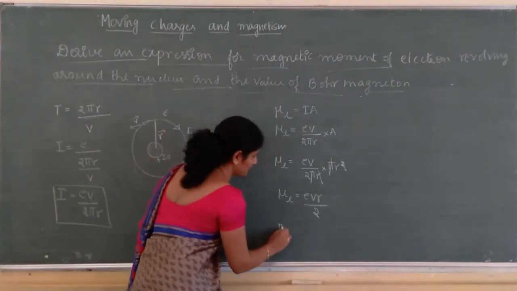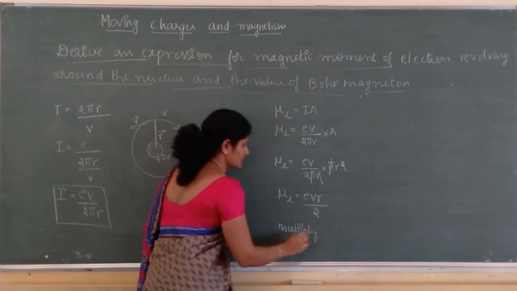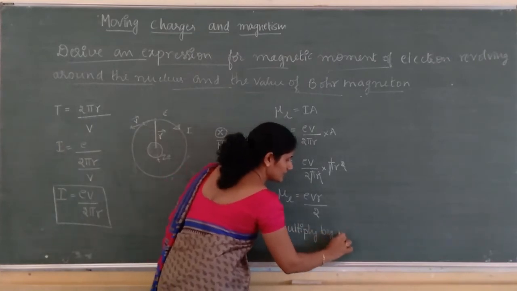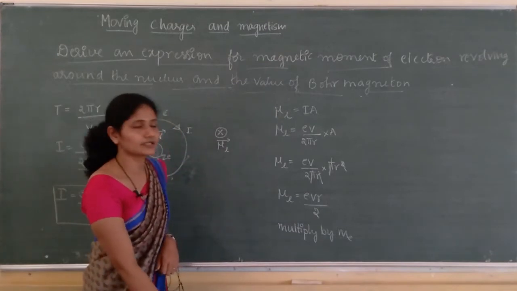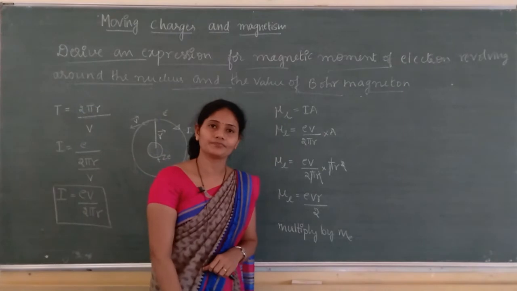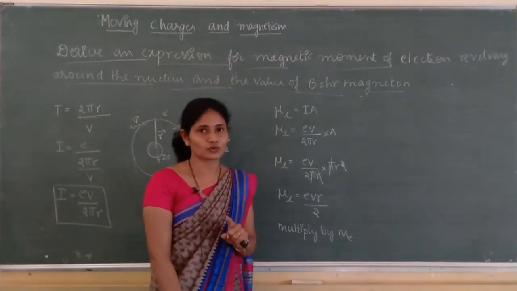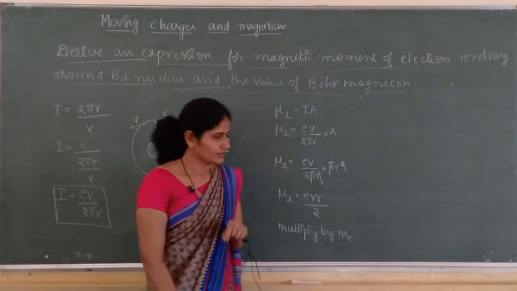Now, let us multiply the above equation by the mass of the electron, me. What is the value of me? Always, the mass of the electron is 9.1 into 10 to the power minus 31 kg.